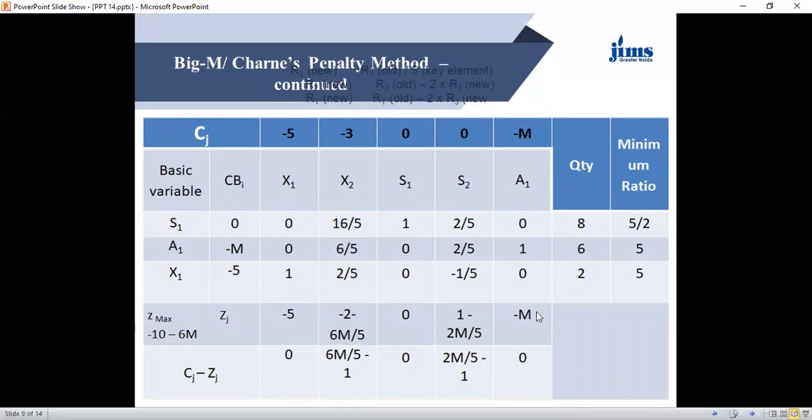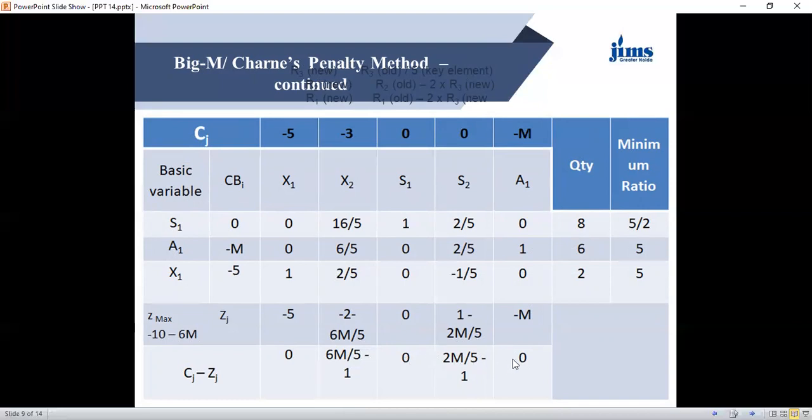Likewise, you calculate all the values of Zj. Then Cj minus Zj: minus 5 minus minus 5 is equal to 0, minus 3 minus 2 minus 6m by 5. So minus 3 plus 2, it becomes 6m by 5 minus 1.